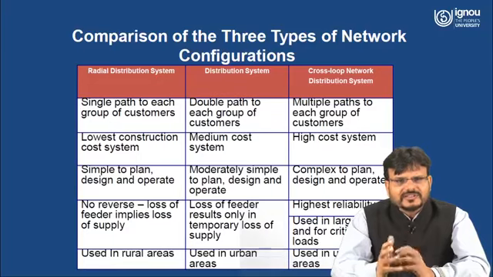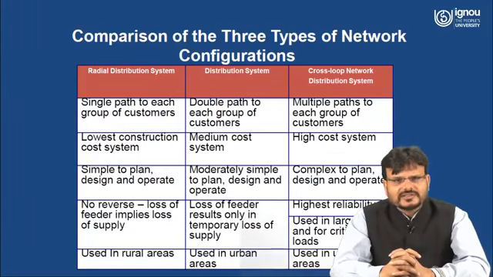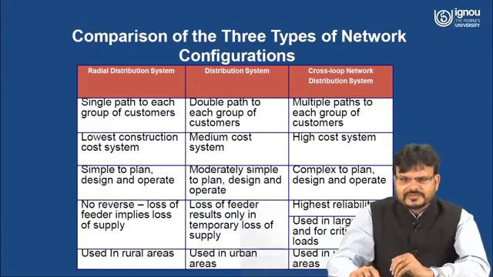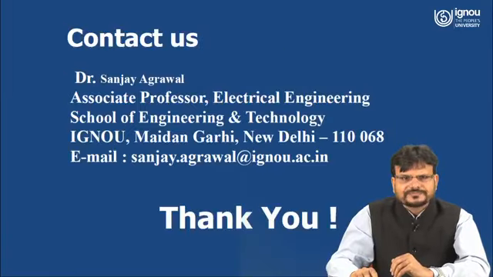That means it is a little more complicated than the radial distribution system, but the cross loop network is very complex. The radial distribution system is used in rural areas, the loop system is used in urban areas, and the cross loop network distribution system is used in urban areas.